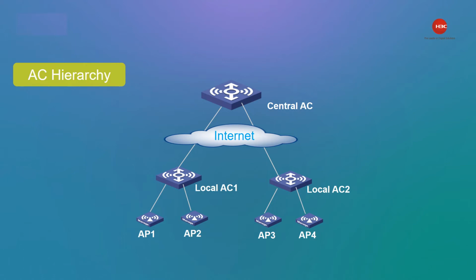In this case, when the central AC fails, the terminals which are already online on the local AC can continue to connect to the wireless network, but the new AP can't continue to connect to the local AC. In AC hierarchy network, the AP's online action is entirely determined by the central AC.